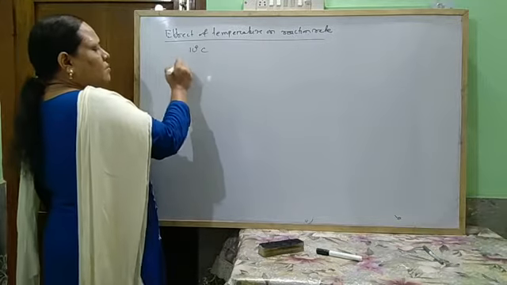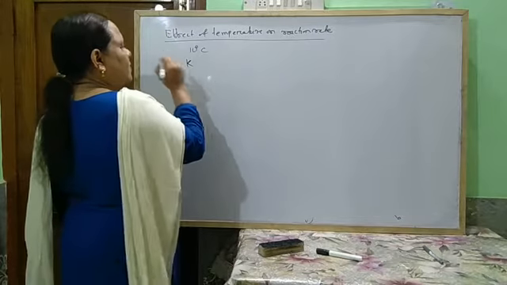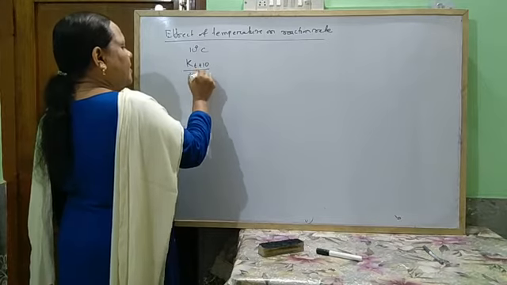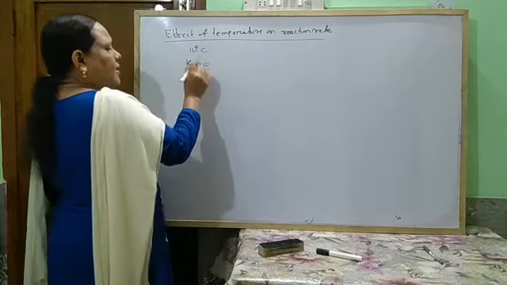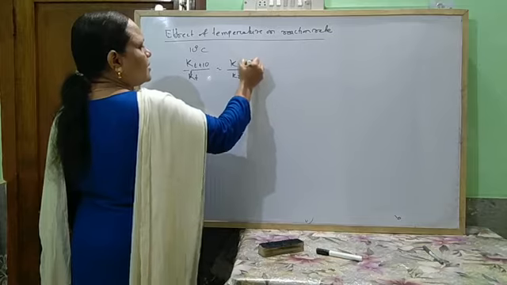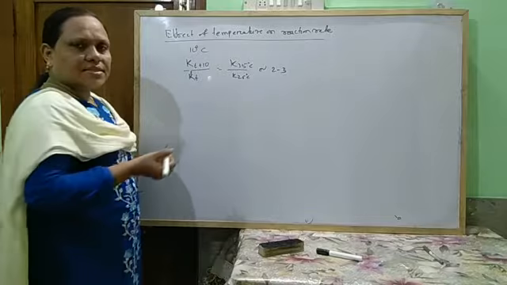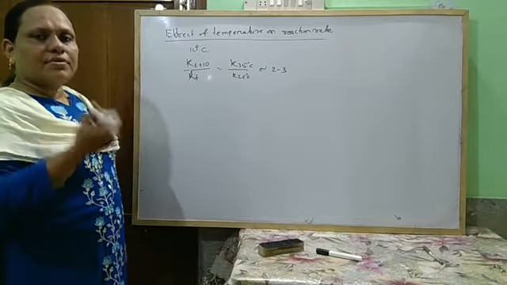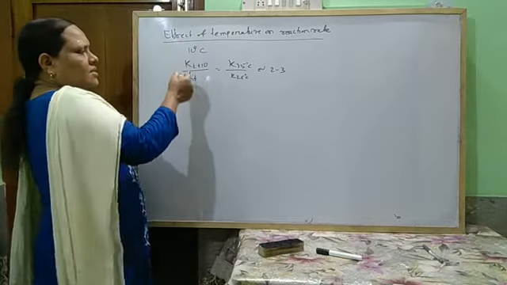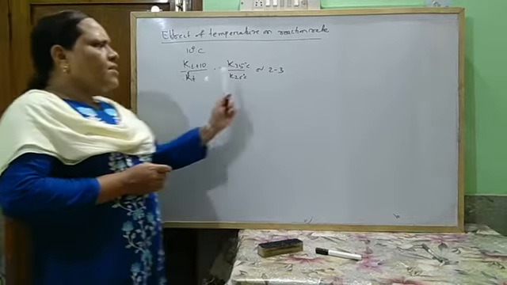That can be found by the temperature coefficient, K(T+10) by K(T), or generally K35 by K25 degrees Celsius. This value is nearly 2 to 3. So the rate of reaction generally doubles or triples with a rise in temperature, and the rate constant also increases.